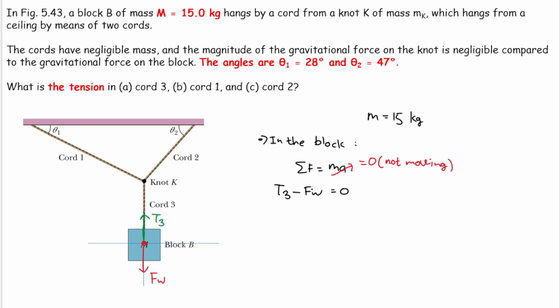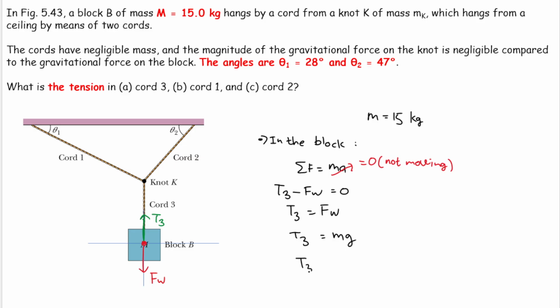Okay, and so we can move this force by the weight to the right hand side. So I'll have T3 is equal to Fw. But the force by the weight, we can also just use the formula of the mass times gravity, right? We know the mass, which is 15.